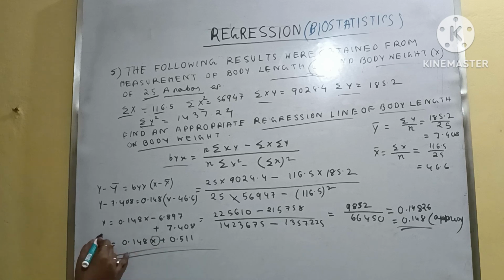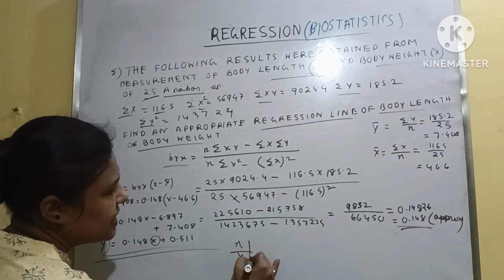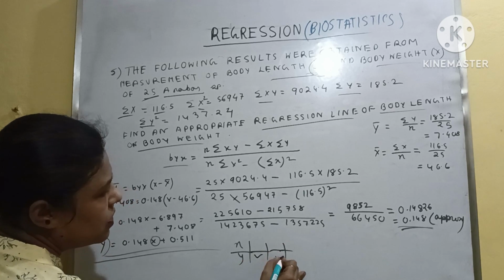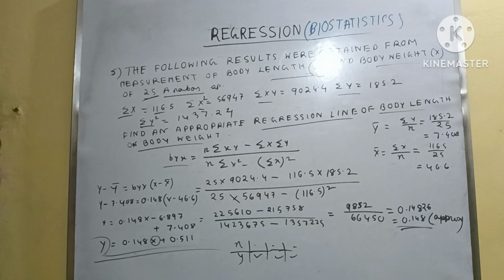If we plot these values on graph paper, we will get a straight line.